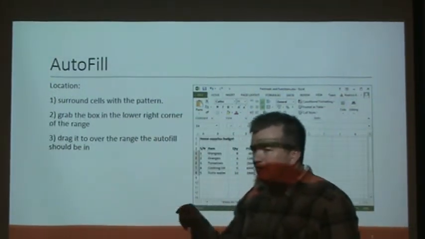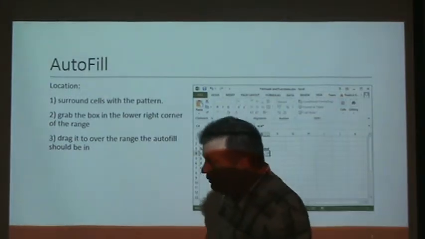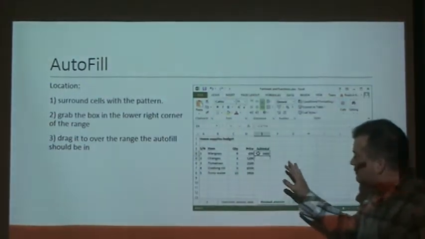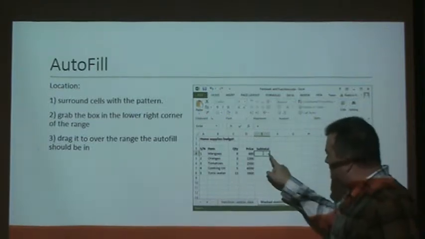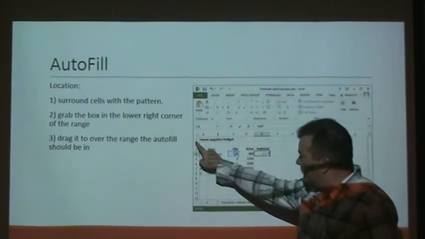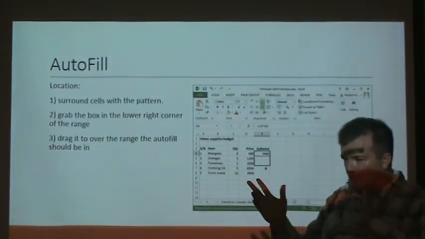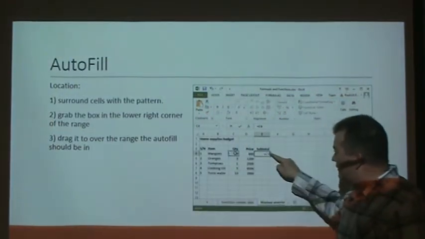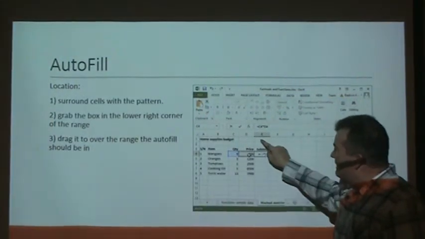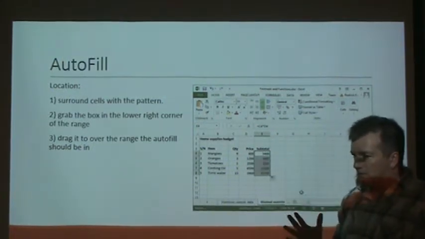The way we represent an absolute address, you're going to have this in one of your homework assignments, is that instead of calling it E1, we can put a $ in front of the E or the 1 or both, which basically means if you're going to use autofill to copy a formula, that field should not move with the formula.